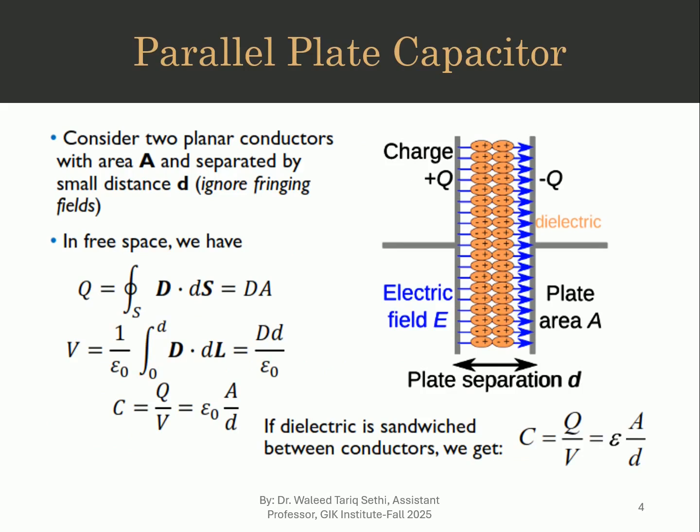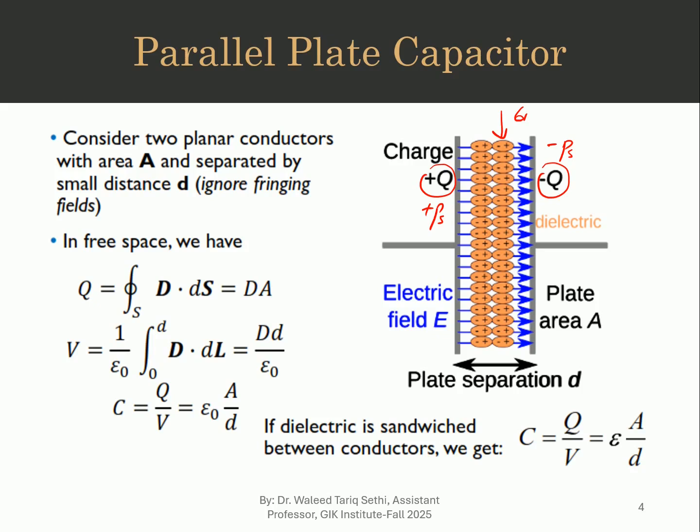Now let us come to the practical example of capacitance in terms of a parallel plate capacitor, and what can be the value if we have infinite plates. One is positively charged, having a surface charge distribution of positive rho s, and another is negatively charged, having the value of negative rho s, and the medium between them is a dielectric medium.